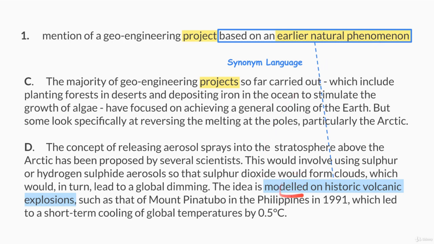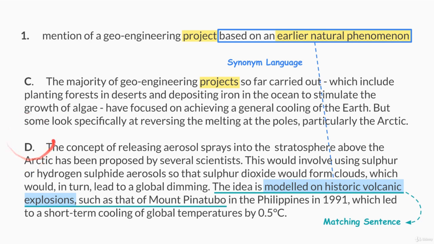Okay? To be modeled is synonym language for to be based on. So this is where we're going to have our matching sentence. This is the part where we're going to find our answer. The sentence says, the idea is modeled on historic volcanic explosions such as that of Mount Pinatubo in the Philippines.